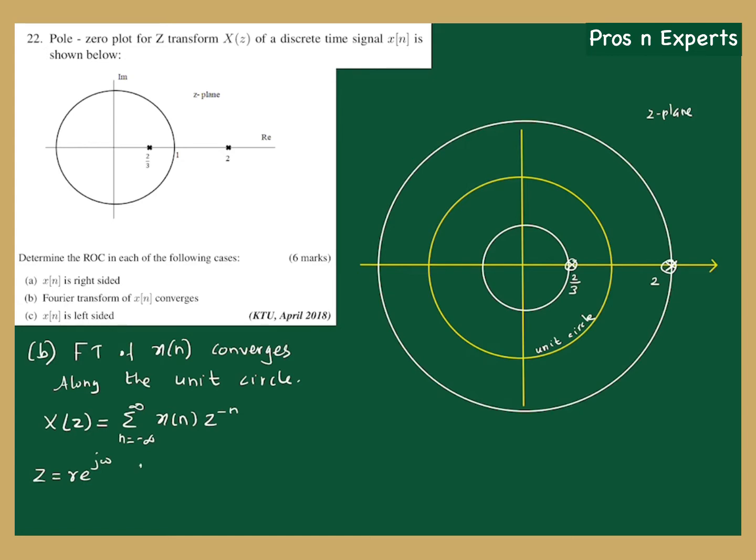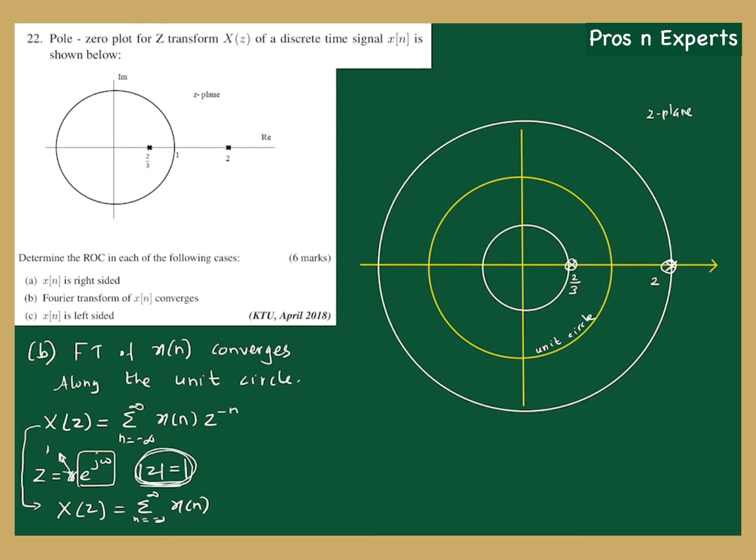And if I'm taking mod z equal to 1, what I end up with is I can rewrite X of z with the mod z equal to 1 restriction as X of z equal to sigma n equal to minus infinity to infinity x of n into, instead of z raised to minus n, I can write e raised to j omega whole raised to minus n, because mod z equal to 1 means r equal to 1, since r is the magnitude.